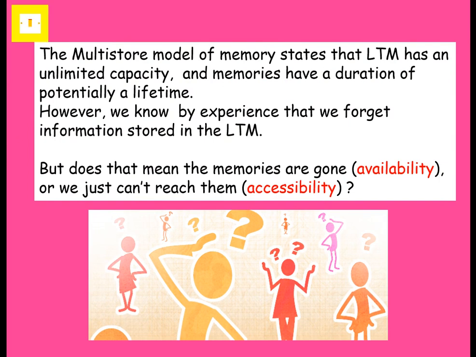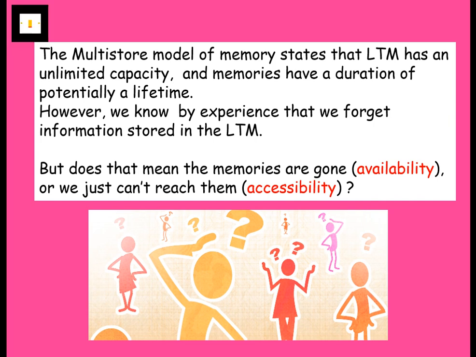If we look at the multi-store model of memory, we know that LTM has an unlimited capacity and memories have a duration of a lifetime potentially, but we haven't really looked at what happens when information is forgotten, because we do forget, and if it's in our short-term memory, we forget very quickly.